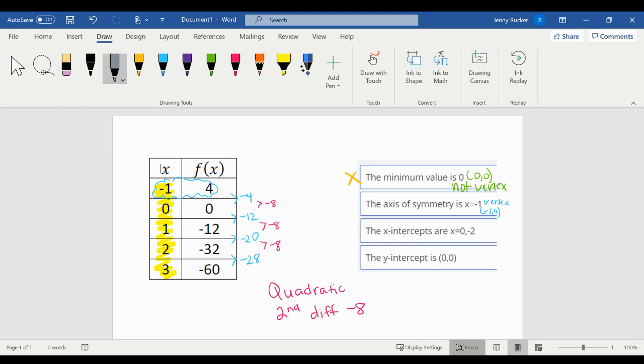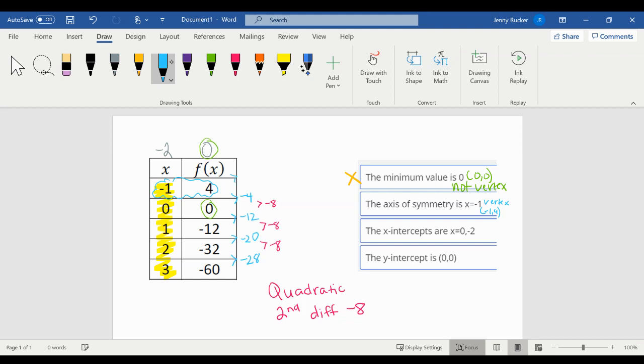So I'd have to back the table up another step to see if there was symmetry. So let's back up the table to negative 2. Now, if negative 1, 4 was the vertex, I should get an f of x value of 0, so that way I have symmetry around that f of x value of 4. Let's check and see if that value of 0 really works.